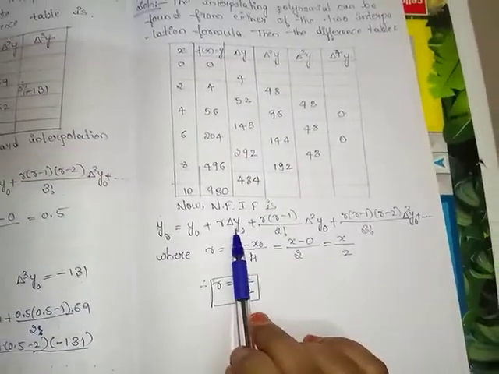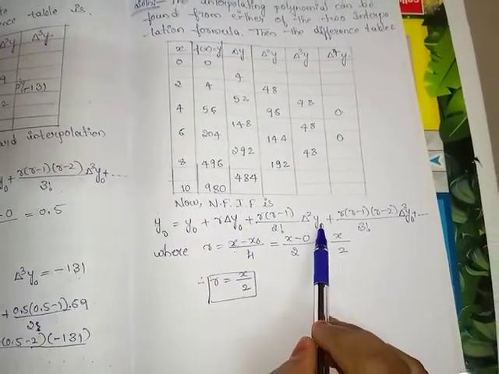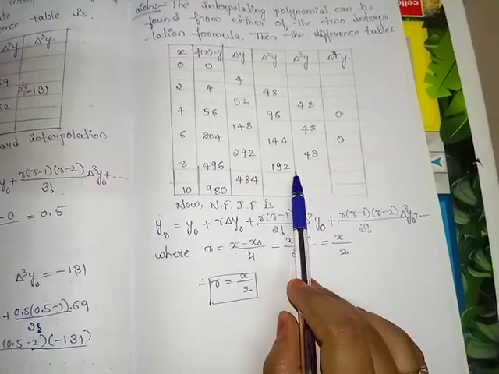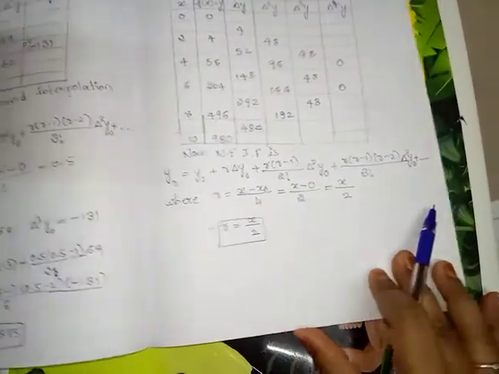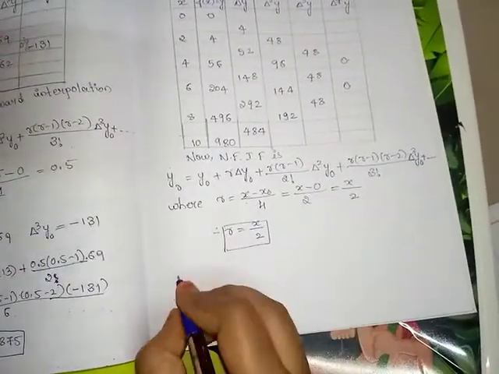Now we know the values of y naught, delta y naught, delta square y naught, delta cube y naught from this difference table. Just substitute and see what we get.